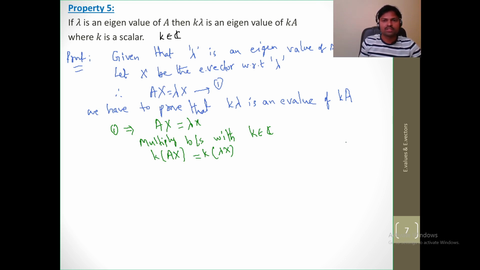Remember one thing. A into B need not be equal to B into A. If A and B are two matrices, A into B need not be equal to B into A. But if the matrices are like A into B into C, what does it mean? First do B into C, after that multiply with A. Or you can first do A into B, then multiply with C. This is true.